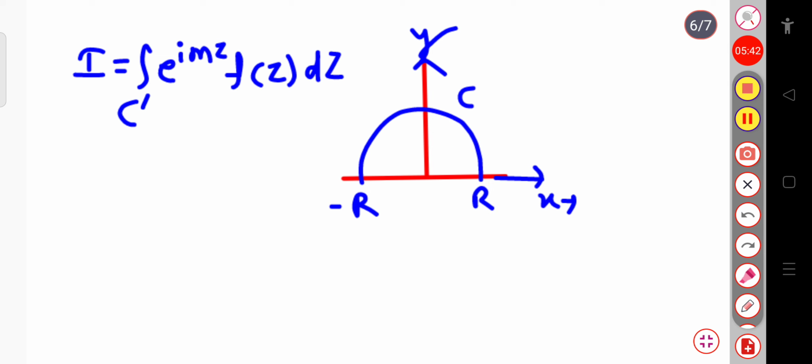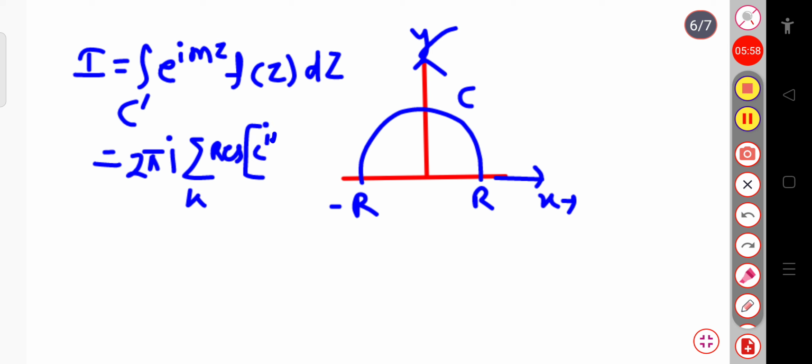Clear? Applying Cauchy's residue theorem, this integration will be equal to 2 pi i times the sum over the residues at each point k, the residues of exponential i m z into f of z.